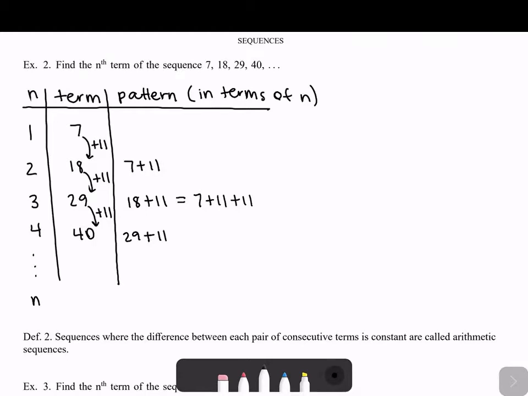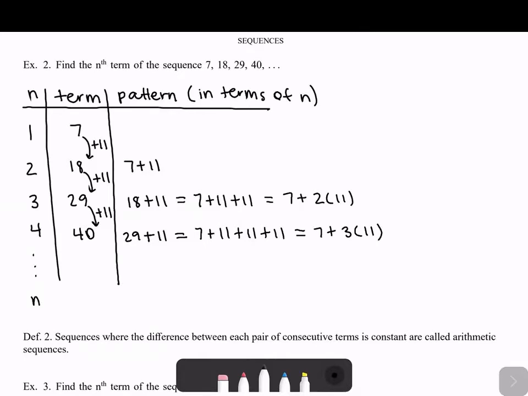And so now to get to our fourth term, we started at 7 and added 11 3 times. So let's simplify these a little bit. So instead of adding 11 twice, we can write it as 7 plus 2 times 11. And then for our fourth term, we can write it as 7 plus 3 times 11.